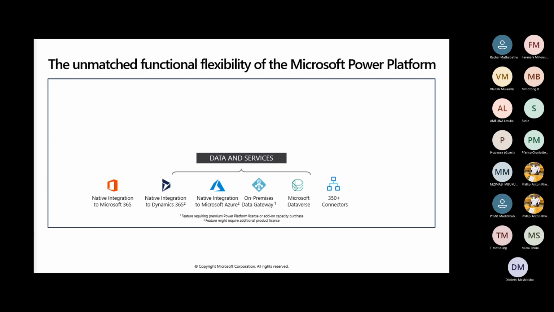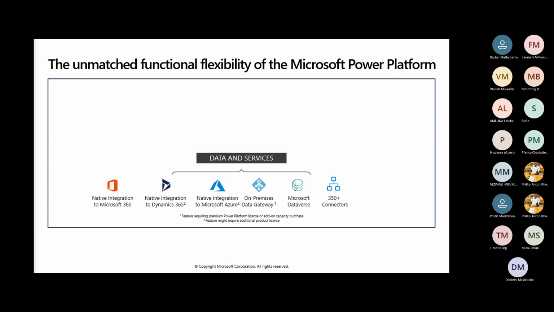And then we also have native integration to Dynamics 365 services and data, which include common data model, Dataverse, model-driven apps and mobile player, portals, and customer insights, which is AI Builder, customer invoice. Most Dynamics 365 services are built on Dataverse.